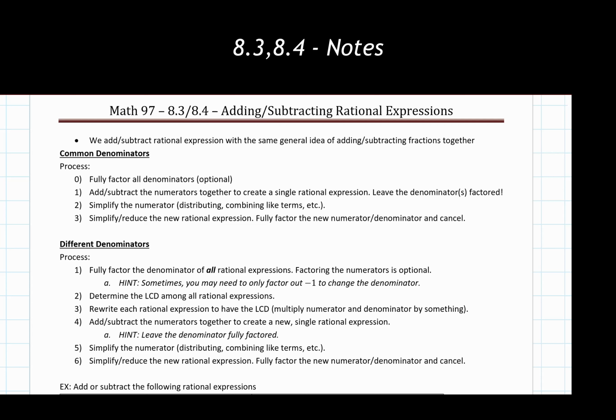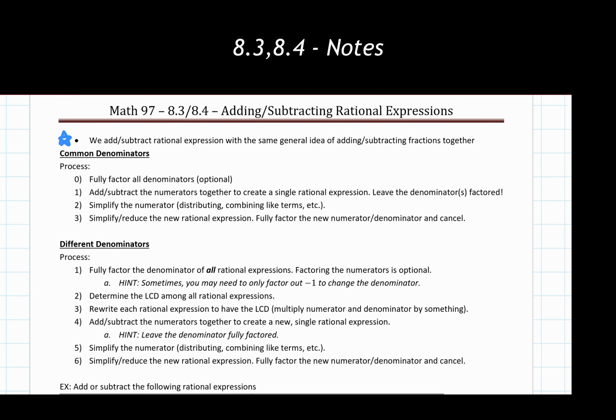So a big thing I want to note as we're getting started: rational expressions, as a reminder, are pretty much just fractions. So remember, as we're going through all of this, we are going to be adding and subtracting rational expressions with the same general idea of adding and subtracting fractions together.